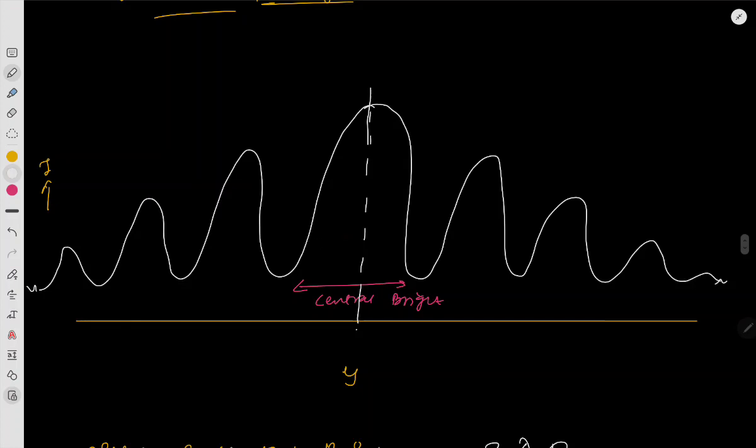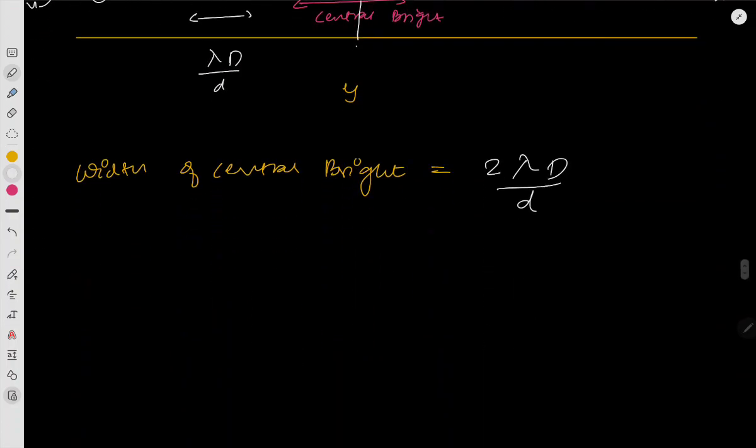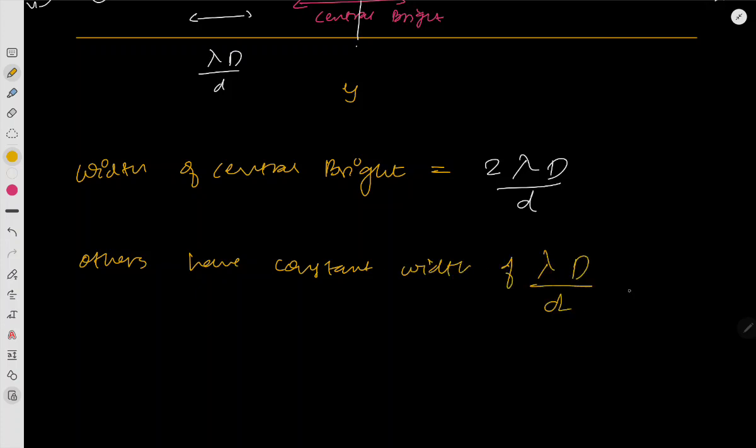And the others have constant width of lambda D by small d. Yes.